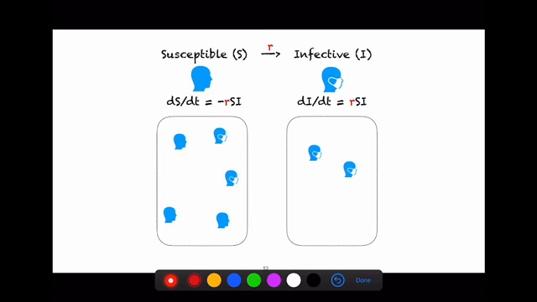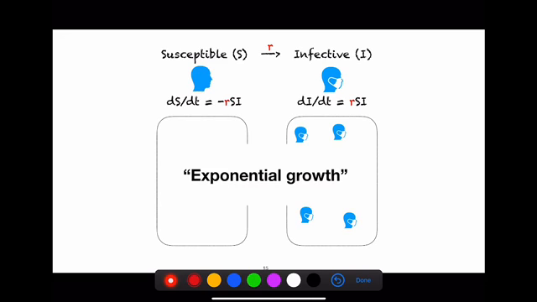Because of that, instead of just one person being infected per time, we will now have two people being infected per time, and then they will move to the infected population, and now 4 people will be affected by the same process. So this is just speeding up rapidly, which is called exponential growth.